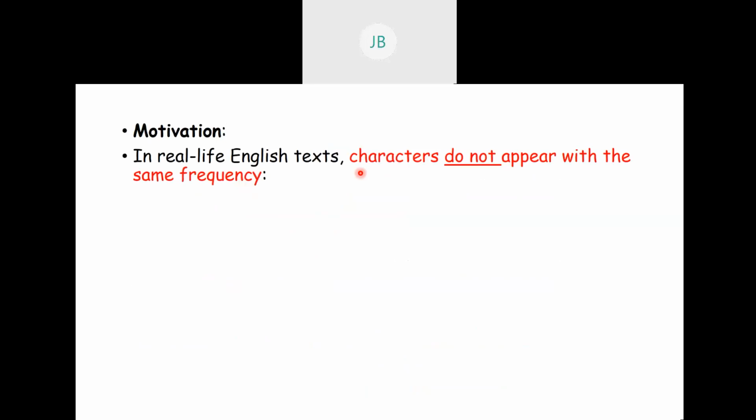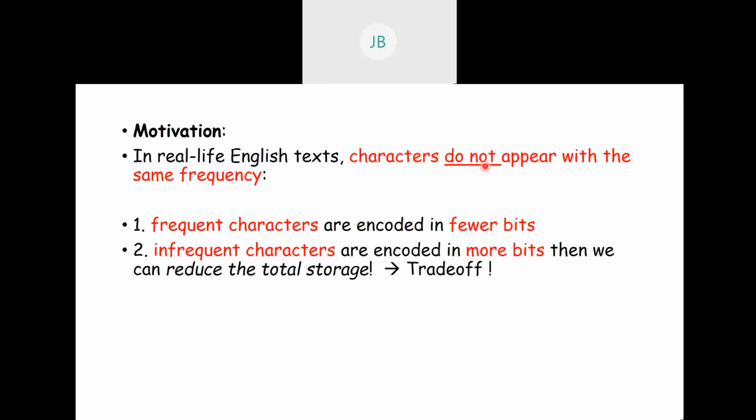In real life, if you consider the English language, the characters do not appear with the same frequency. Different letters have different probabilities of occurrence. Some characters are very common and some do not appear so frequently.